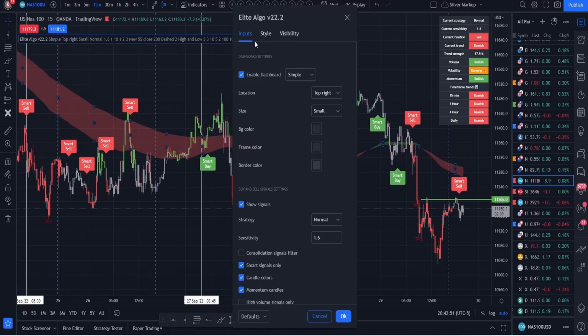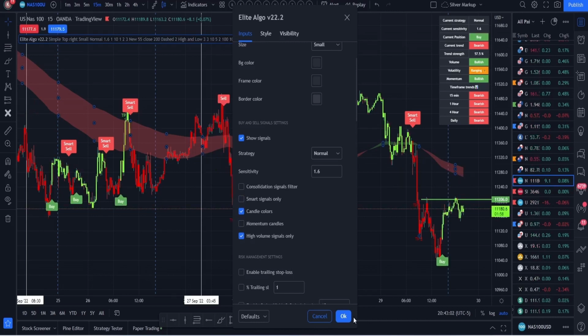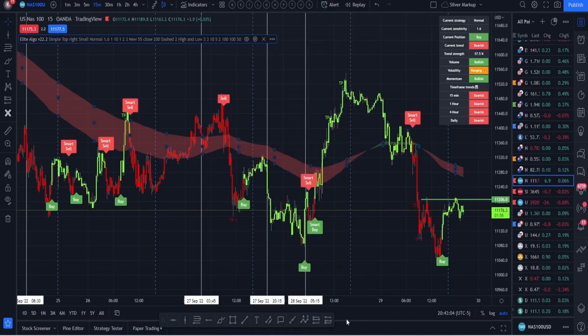The next part is high volume signals. Let me take it off of smart signals because you don't want to put all of them together. I mean, you can, but you'll be really, really specific. High volume signals only is going to tell you where the volume is kicking in the market.